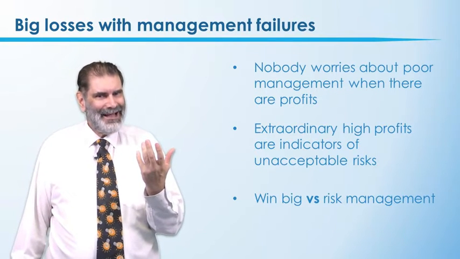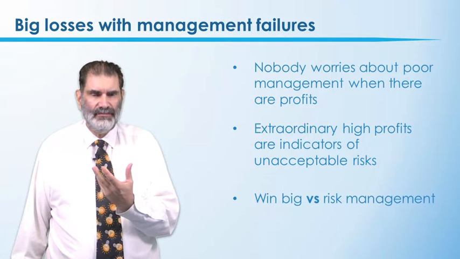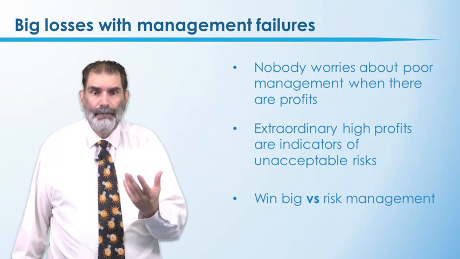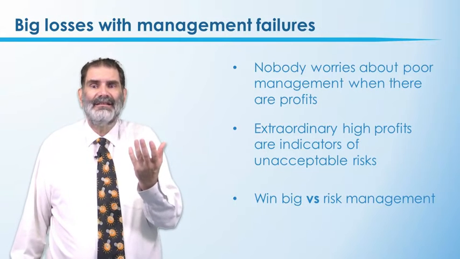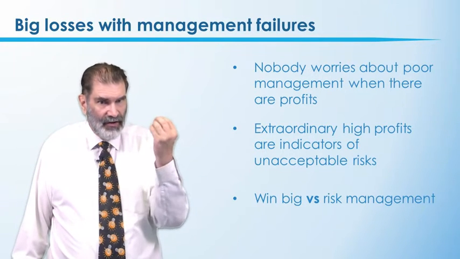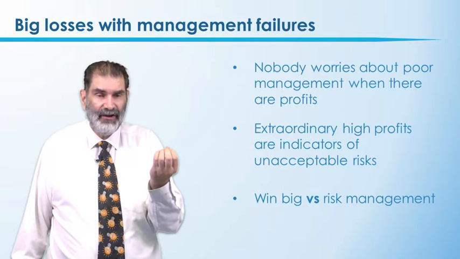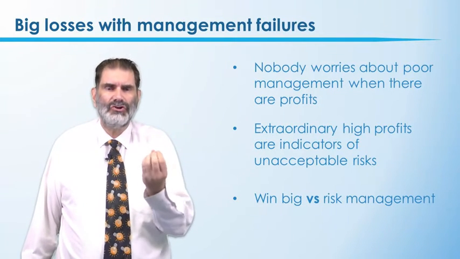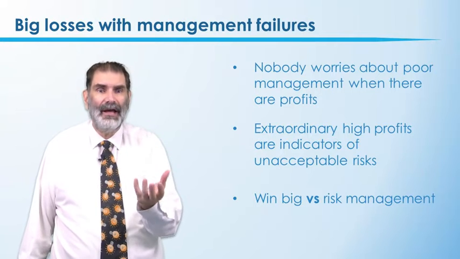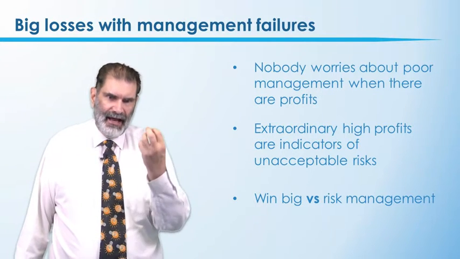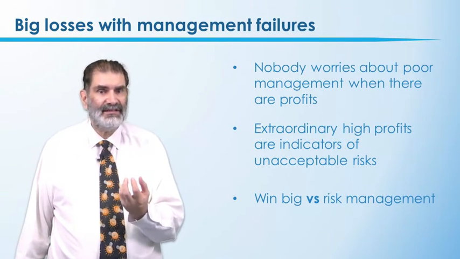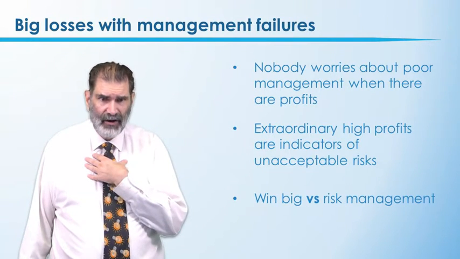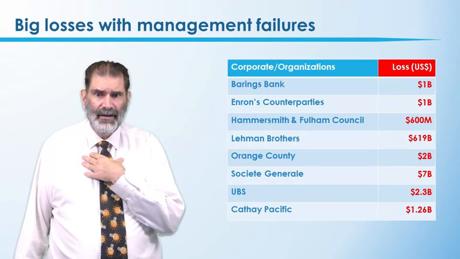Well, in fact, even the profits should be alarming to you. If someone is making a lot of profits and it's extraordinarily high, probably something is outside management control factors. And those are risks that are beyond what should be taken by the firm. Even if you win, if you're winning big and taking unacceptable risk, that's still not okay from a risk management perspective.